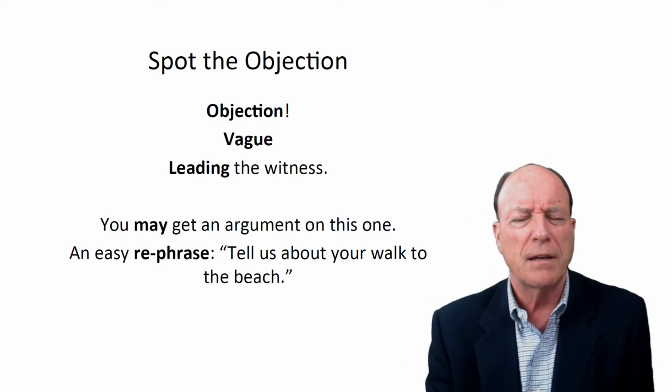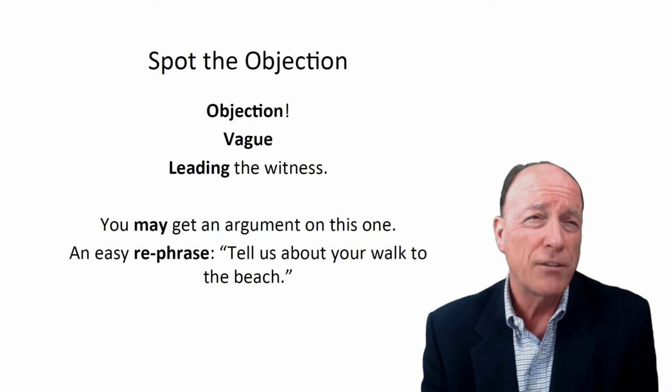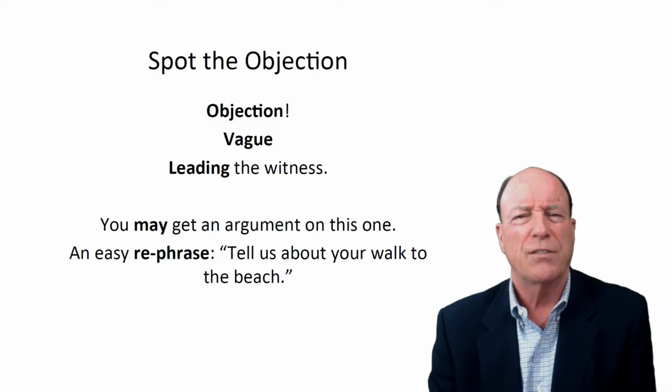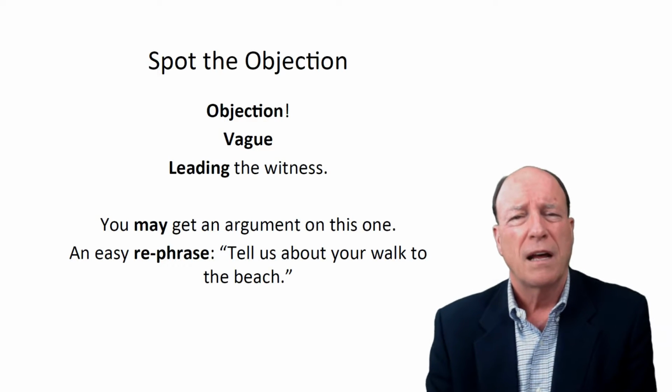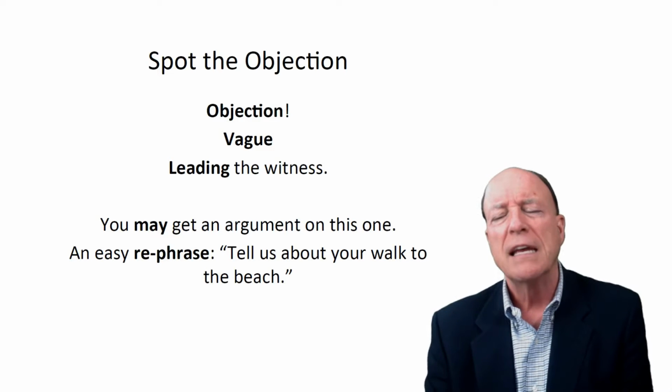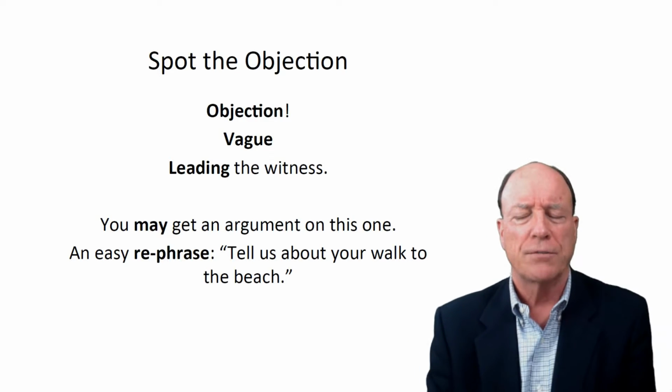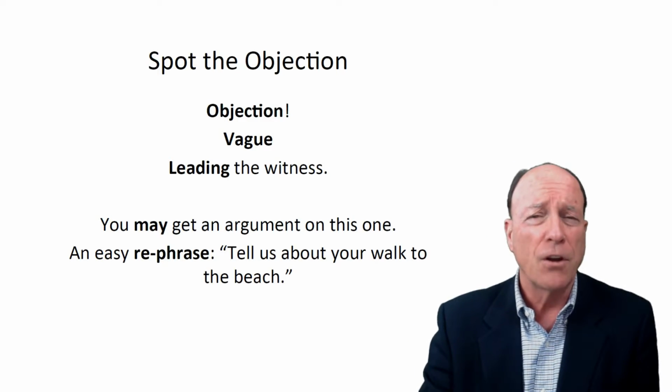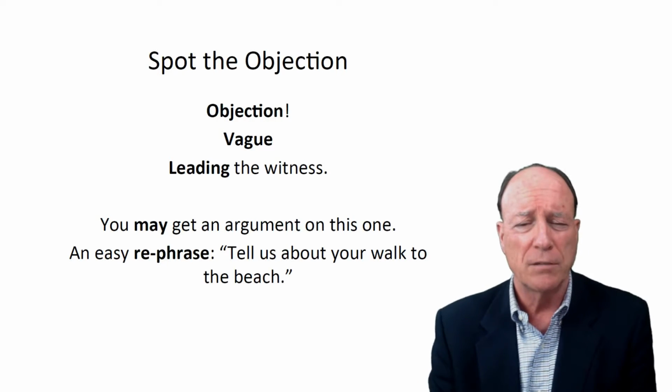You may get an argument on this. It's an easy question to rephrase. You say to the panel, I'm happy to rephrase the question. Tell us about your walk to the beach. Now that is an open question and unobjectionable.